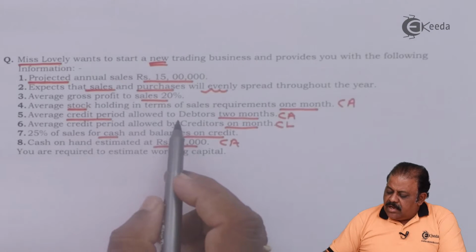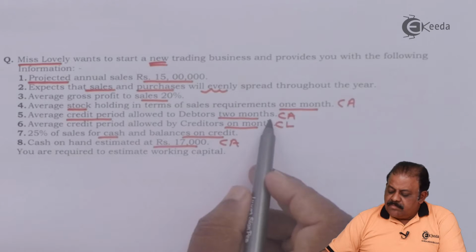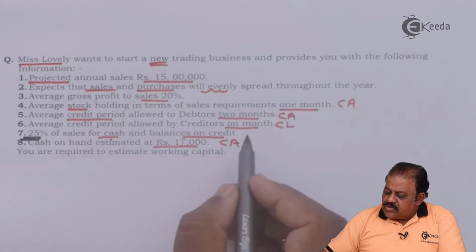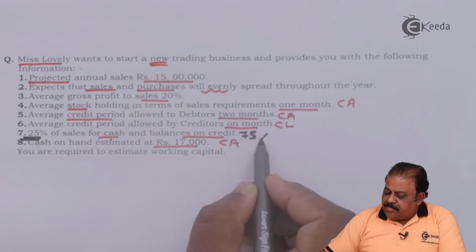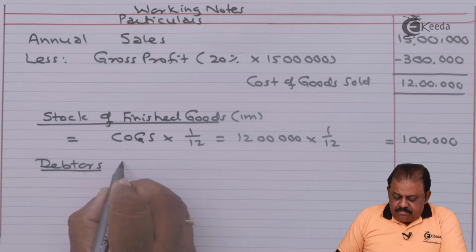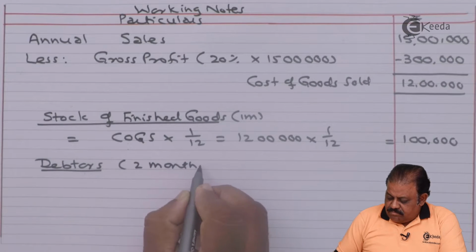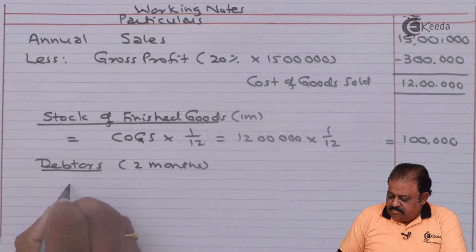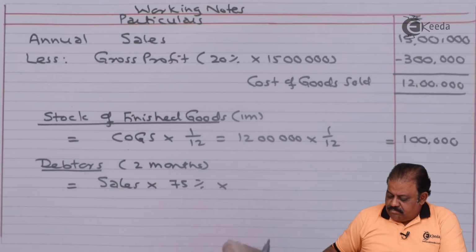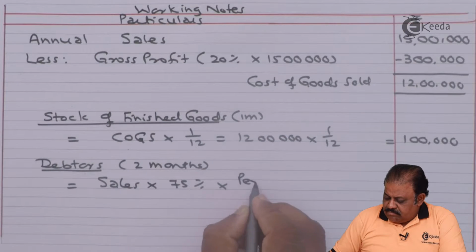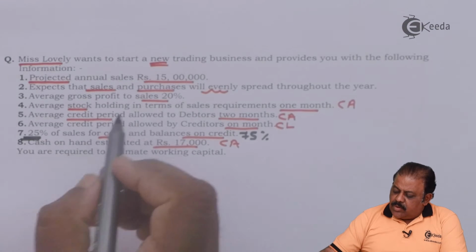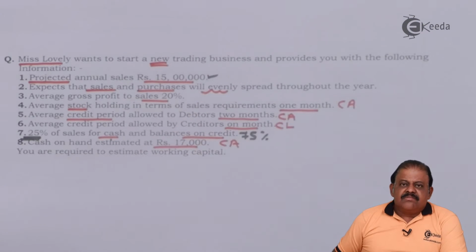Average credit period allowed to debtors is 2 months. And here they say 25% of sales is for cash. So balance on credit means 75% sales is on credit. Total projected sales is given in the question 15 lakhs.